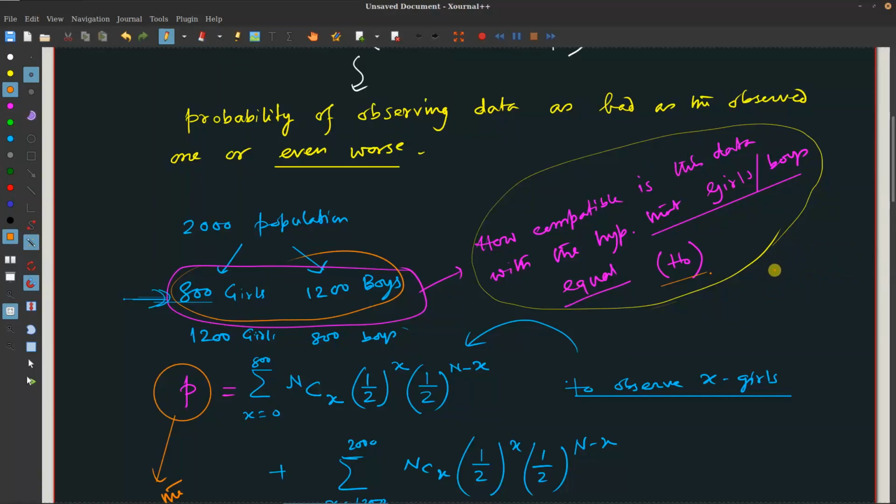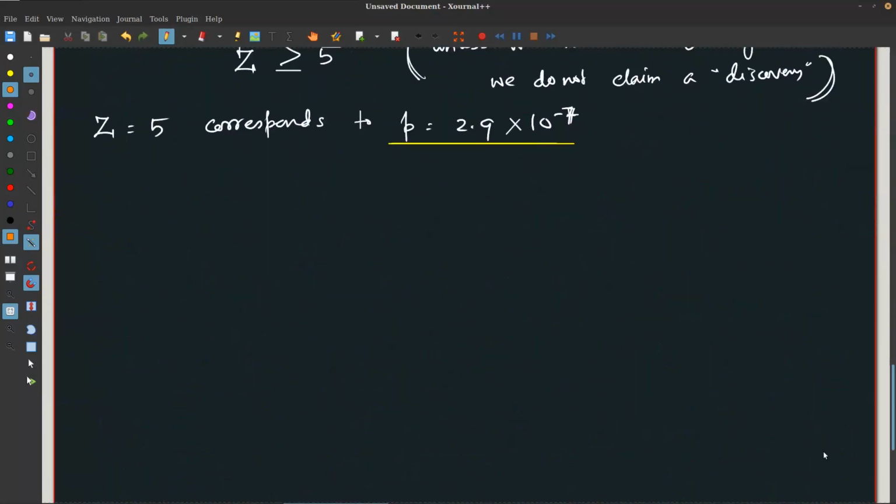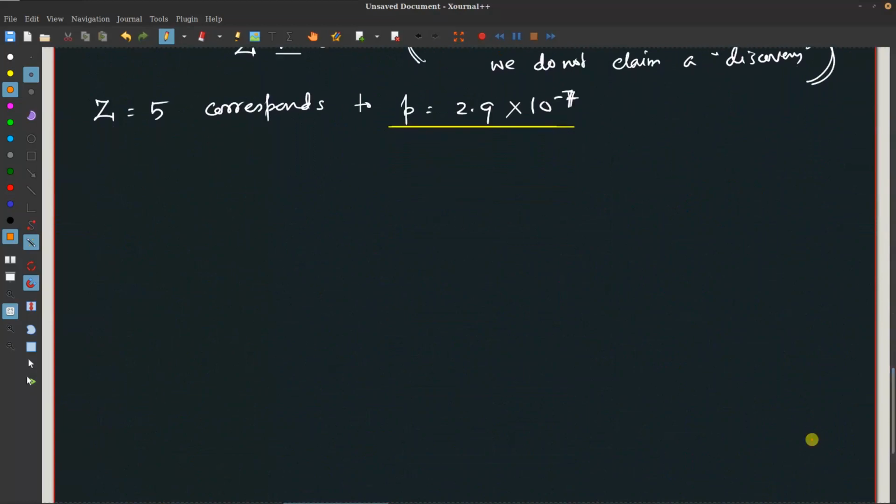That means I have chosen a value of theta, theta equals half, and I am testing how compatible that hypothesis is with this data. That's what I mean by a goodness of fit test. Hopefully that is clear by now.